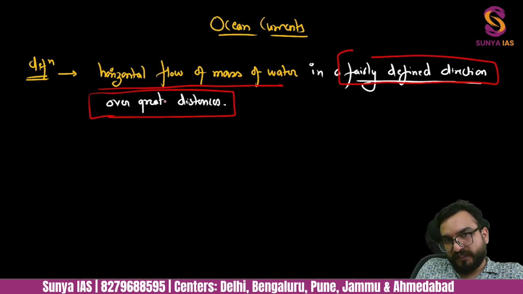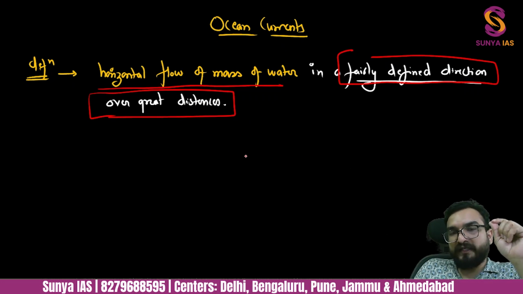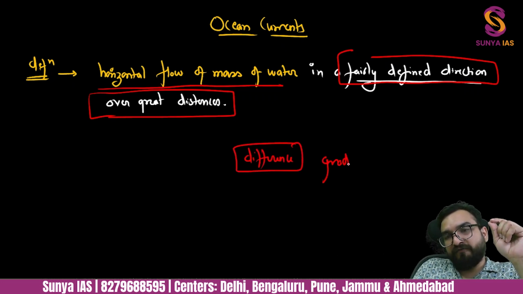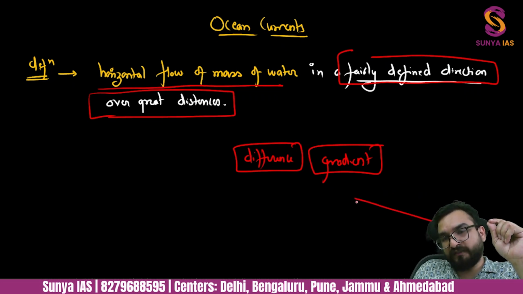That is basically ocean currents. Now you understand that if you want to have a flow, if you want something to move, then a certain difference is needed. Difference means a gradient is needed. For example, if electricity wants to flow, then there should be a voltage difference. If something has to move, then there should be some height difference also.